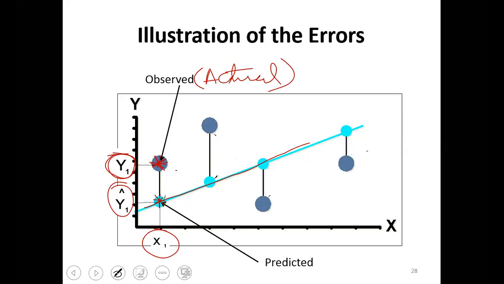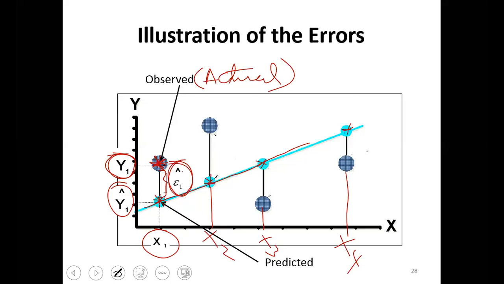Likewise, we can write down the predicted value for all points, with the relative x value, let's say x2, x3, and x4. This deviation, as we said, is the error term.